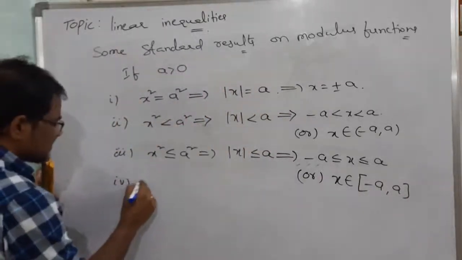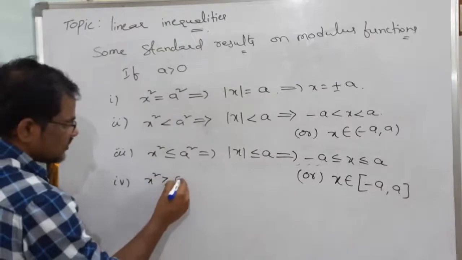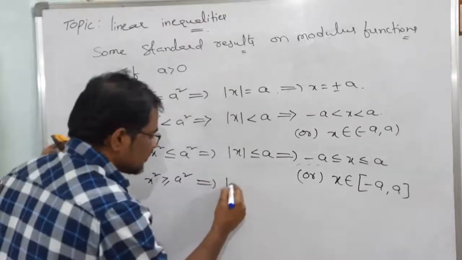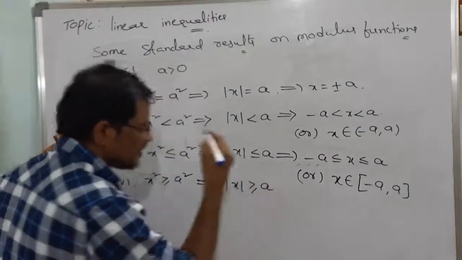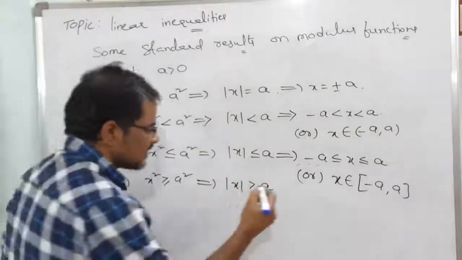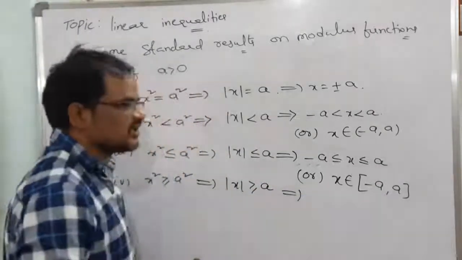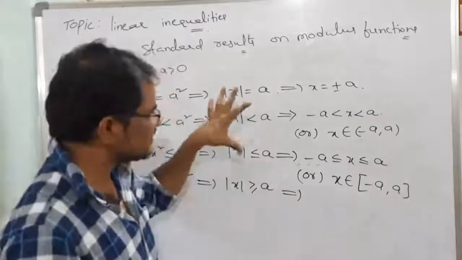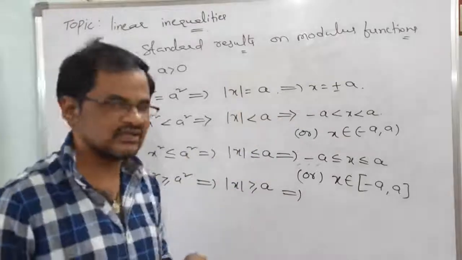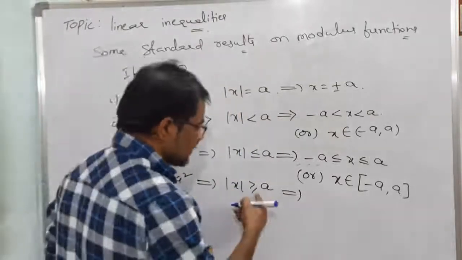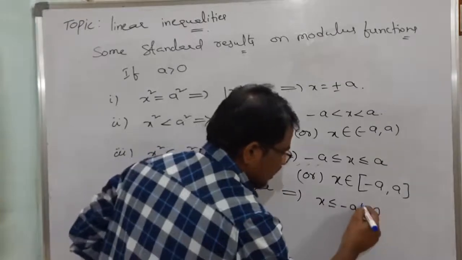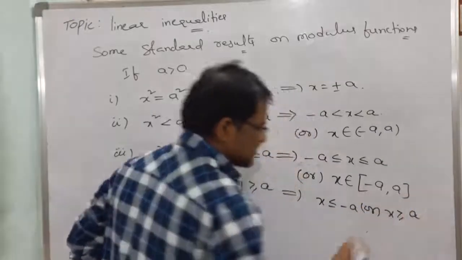Next, the fourth one is x square greater than or equal to a square. What is the meaning? That implies mod x greater than or equal to a we have to write. So definitely we can expect one problem from this chapter, and maximum problems are based on this one only. So how to write: x less than or equal to minus a or x greater than or equal to plus a.